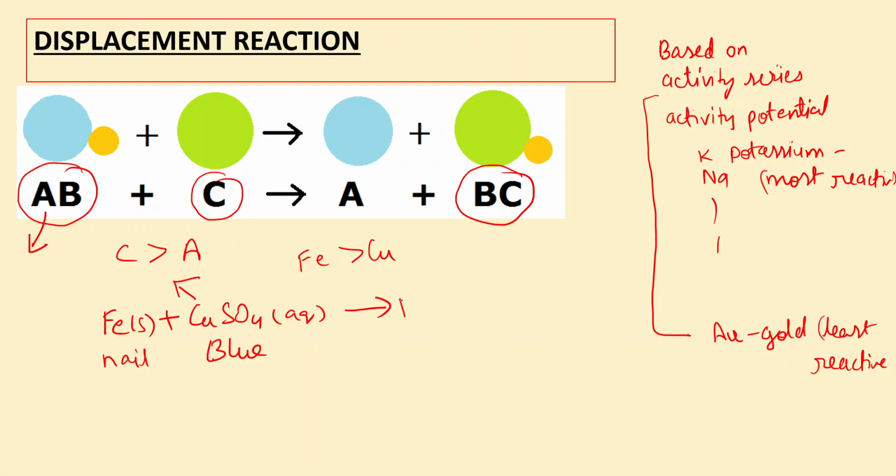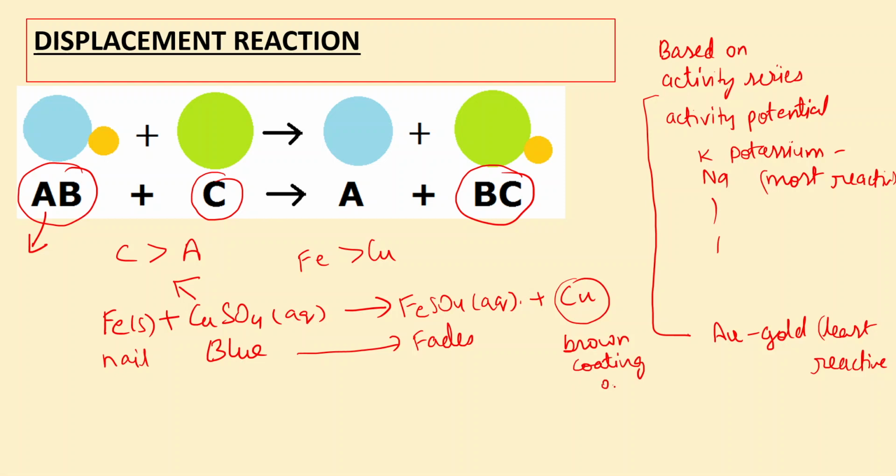And what will be formed? FeSO4 aqueous plus Cu. The blue color fades, and there is a brown coating on the iron nail.